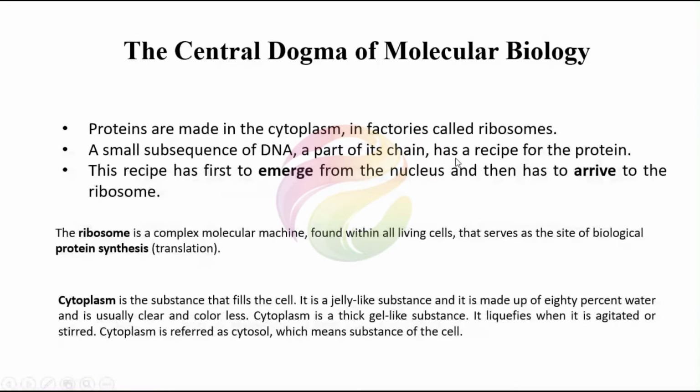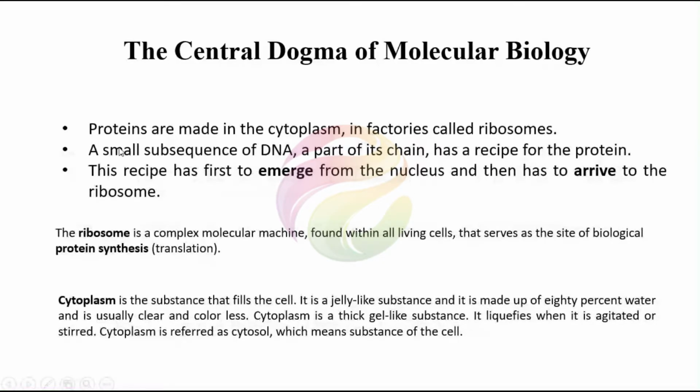Now you will understand that the recipe of a protein has a subunit that is decoding a particular protein. There are many types of proteins, and to define each protein, the sub-sequences, small units on the DNA, present the information of the recipe of the protein. This recipe has first to emerge from the nucleus.